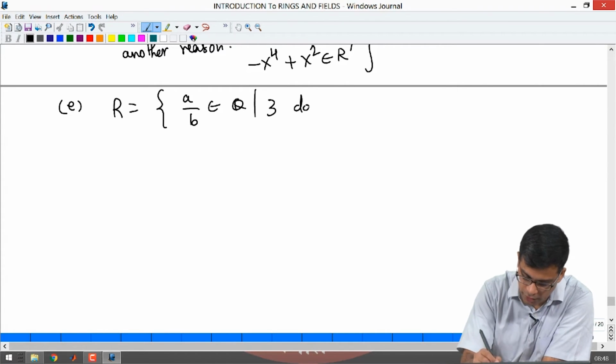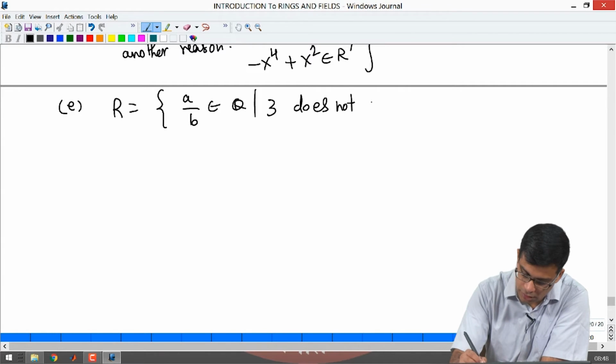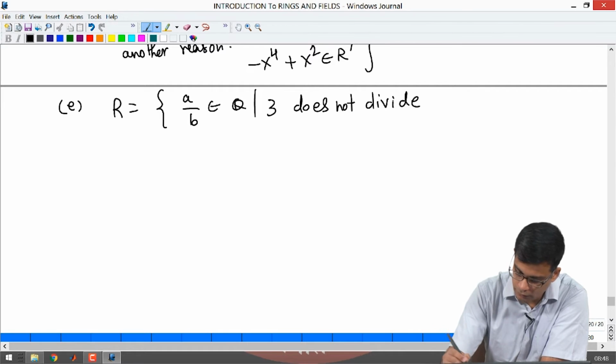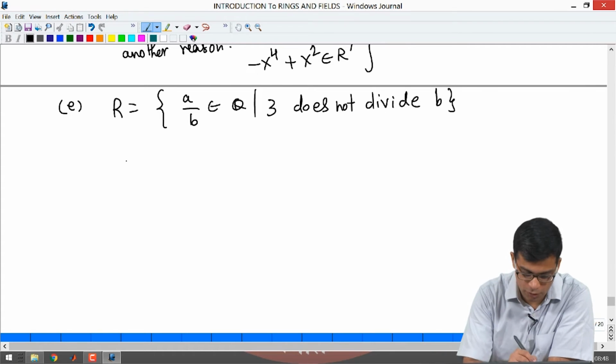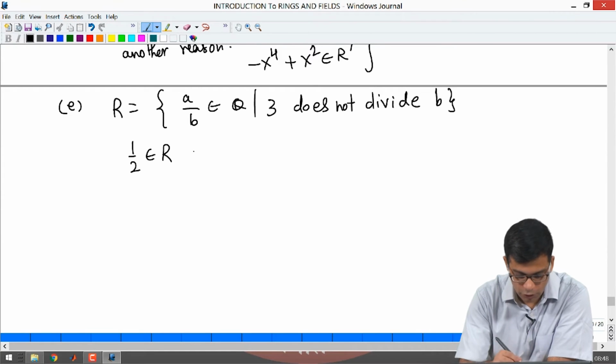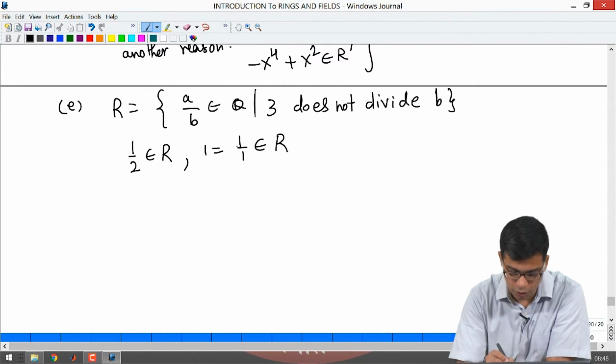The condition is 3 does not divide B. This is the definition of R. So, for example, 1 by 2 is in R, and 1 is in R because 1 equals 1 by 1, because 3 does not divide 1.